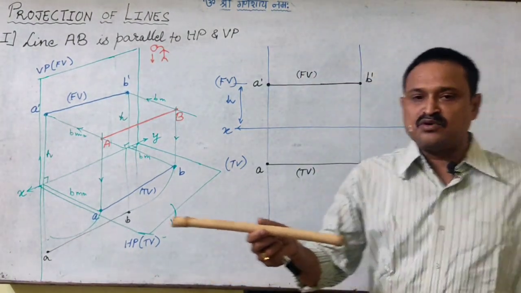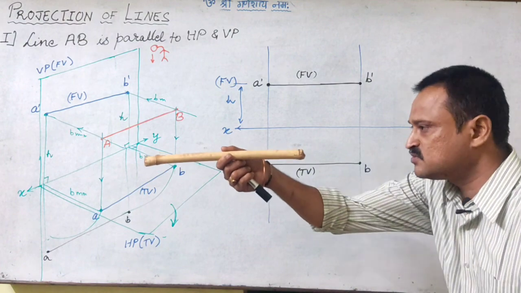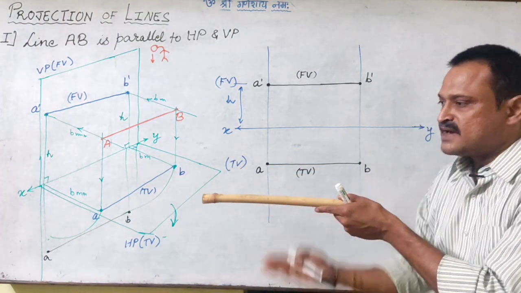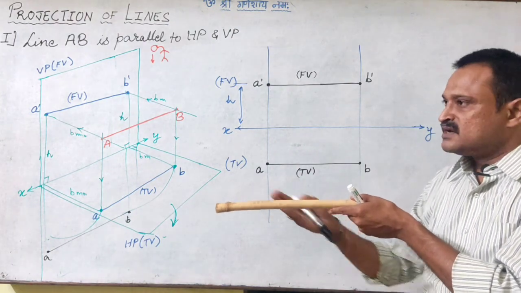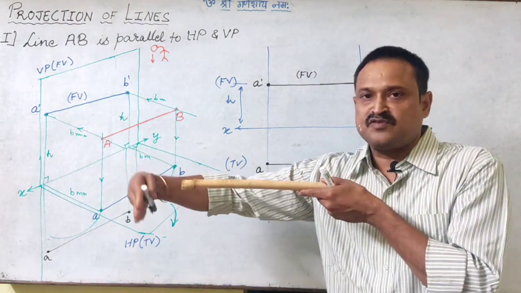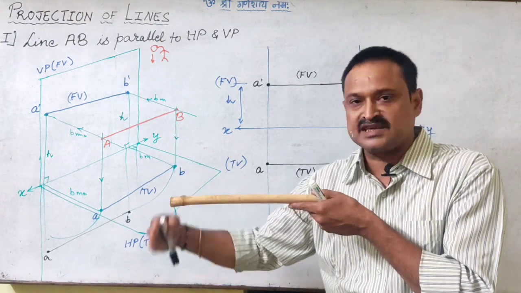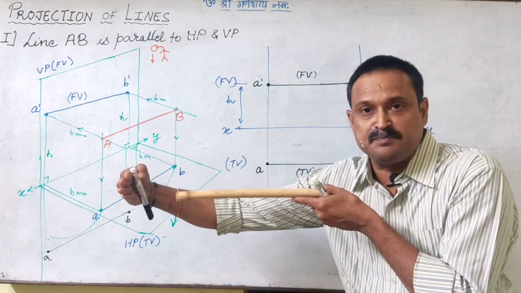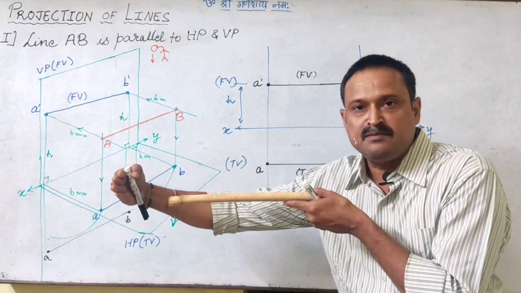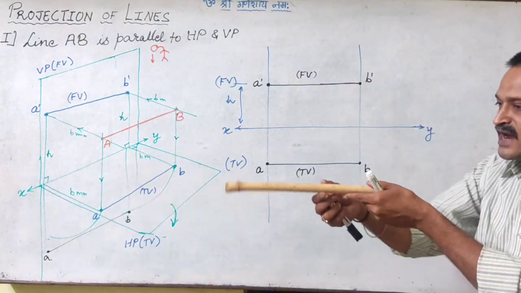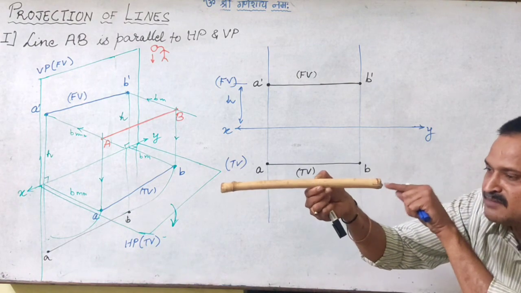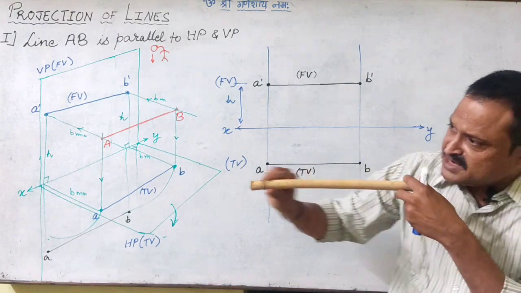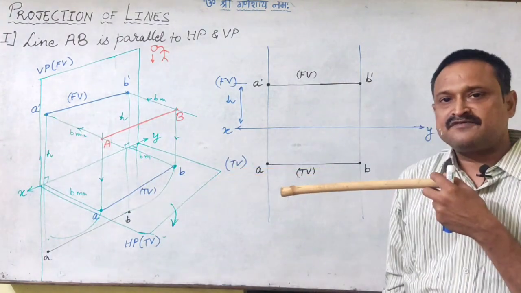If I want to go for a left profile view, looking at this line, when this line is parallel to VP as well as parallel to HP, the profile plane is perpendicular to both HP and VP. That means this line will be perpendicular to the profile plane. So obviously when I look at it from the left side, I will be able to see this line simply as a point, because I will be getting the image on the left profile plane.